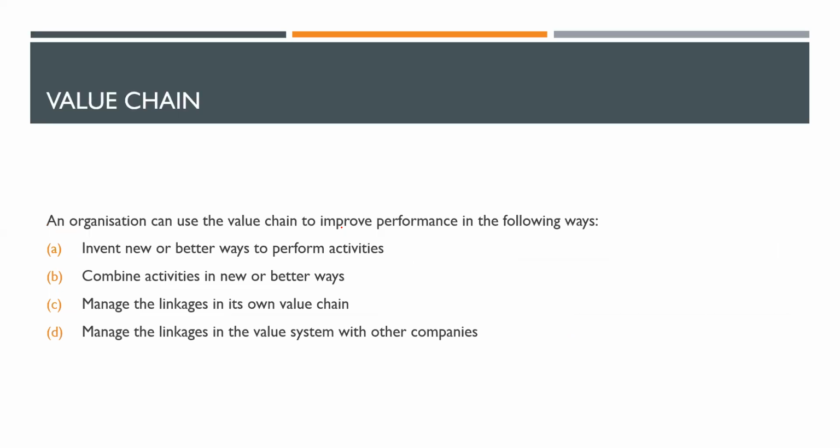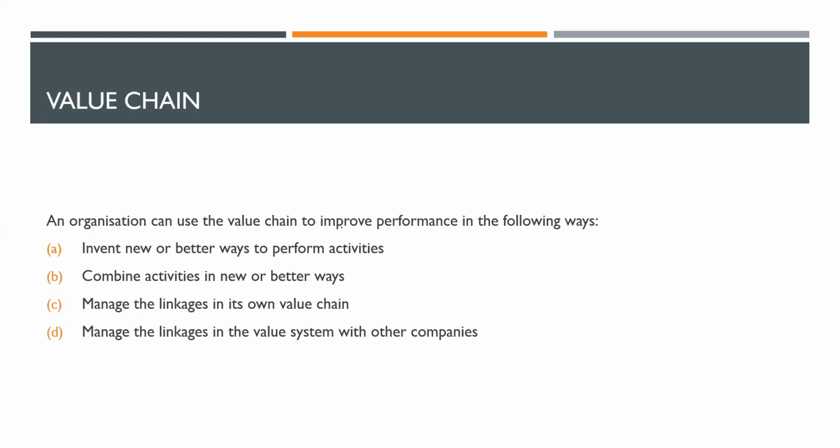Value chain says that the organization can improve the performance in the following ways. First of all, it knows what primary activities are, and by looking at those activities, it will be able to invent new or better ways. Of course, the model itself does not tell you how to do that, but it gives you the checklist to think about that.